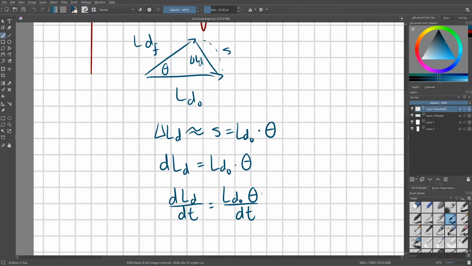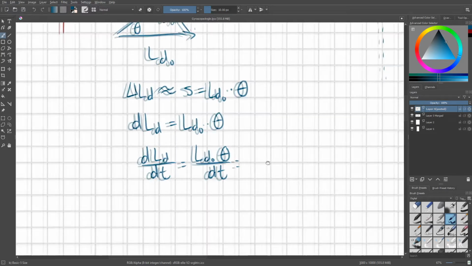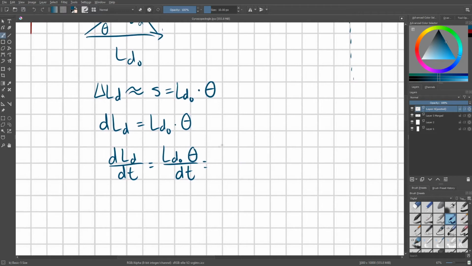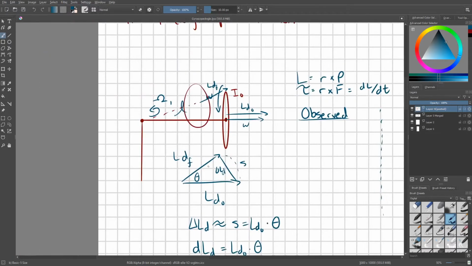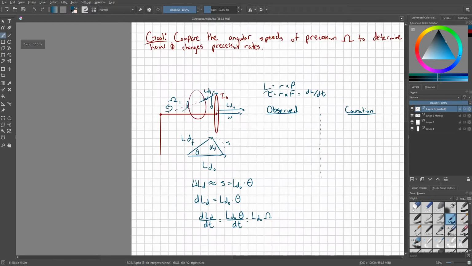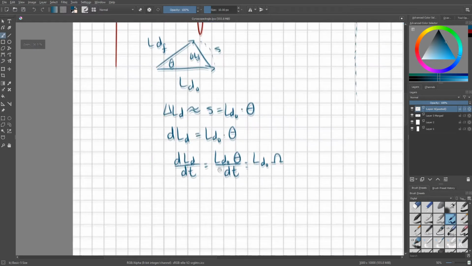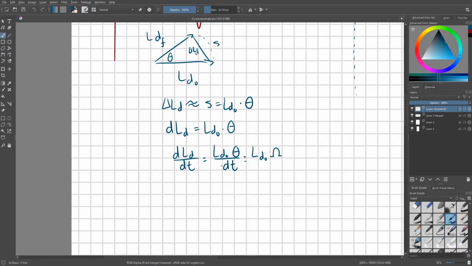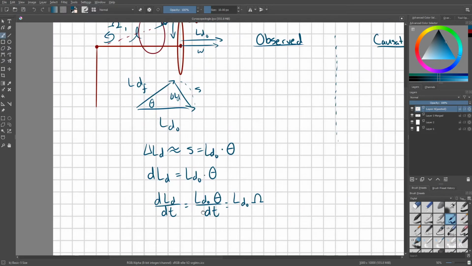So therefore, what is changing is the angle with time. So we can write this as L_D naught times our big omega, our precession rate. We've just come up with our observed conclusion.